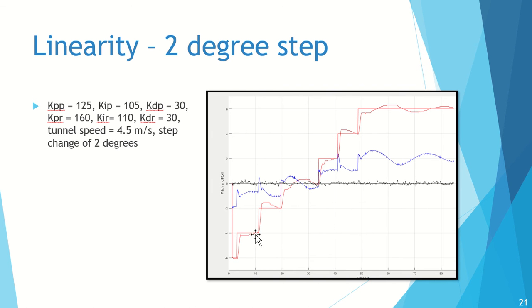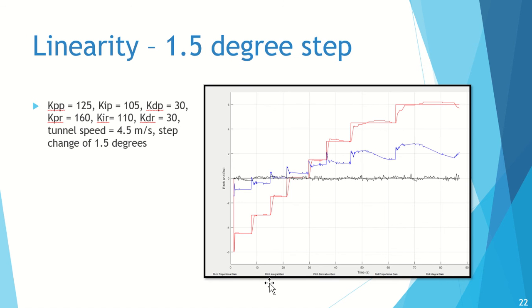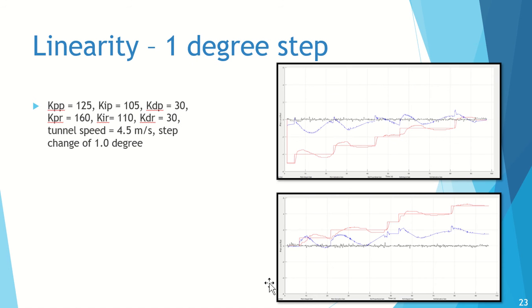And you can also do different sizes of step, so you can pitch it over a bigger number of degrees. This is a 2-degree step, so it's pitching over about 12 degrees up and down. So you can do bigger pitch changes to see how that affects the response. This is a 1.5 and this is a 1-degree step.